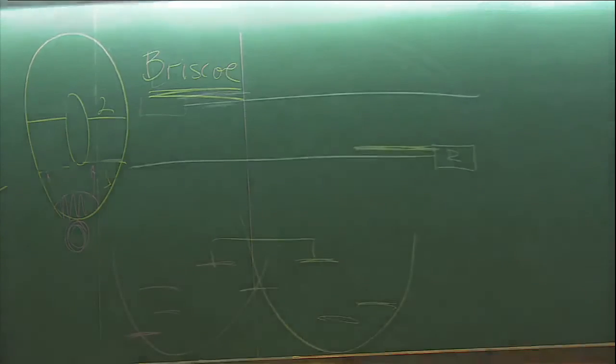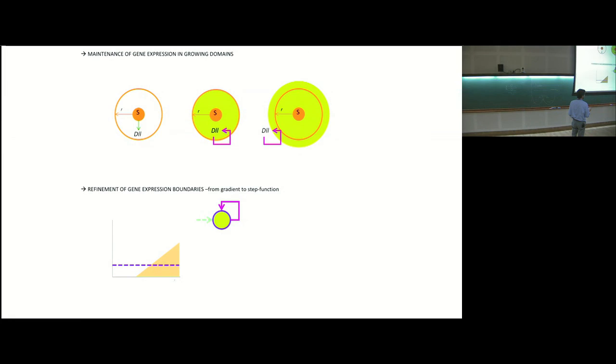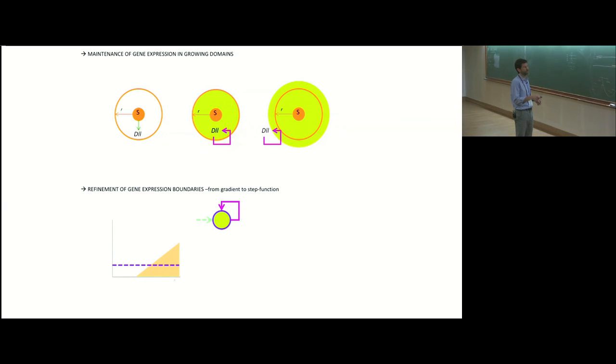So one other thing that autoregulation might be able to achieve is to refine gene expression boundaries. Because this autoregulation might actually be dependent non-linearly on some positional cue. So imagine that you are a cell that could be autoregulated here or here, but this loop depends not only on the presence of distallase itself, but also on the presence of this orange factor.